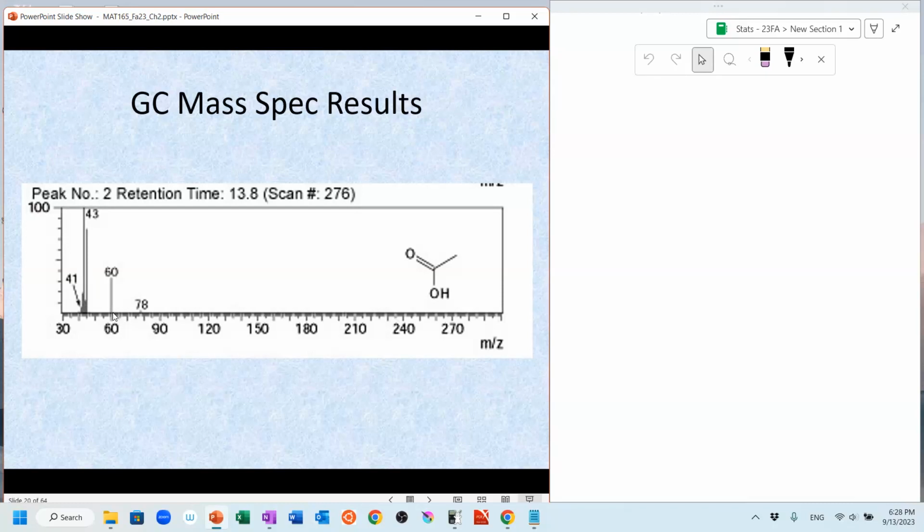At unit 60 here, at class 60, there was another spike, not quite as big as the one at 43, but a significant spike, maybe a little tiny spike here at 78 that the computer can kind of see, but it thinks that it's above noise.